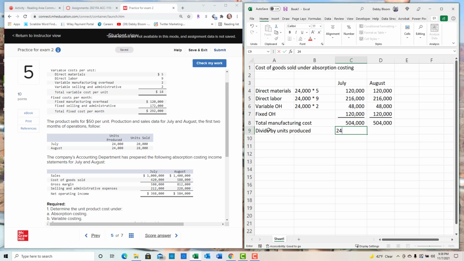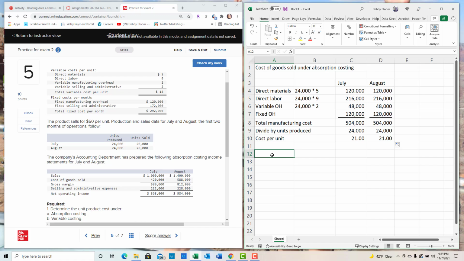So in both cases, it's 24,000 for both months. And we're going to get a cost per unit. I'm going to preset this for 2 decimal places. Gives us our cost per unit. So we're going to take 504,000 divided by 24,000, and of course for both months it's going to be $21.